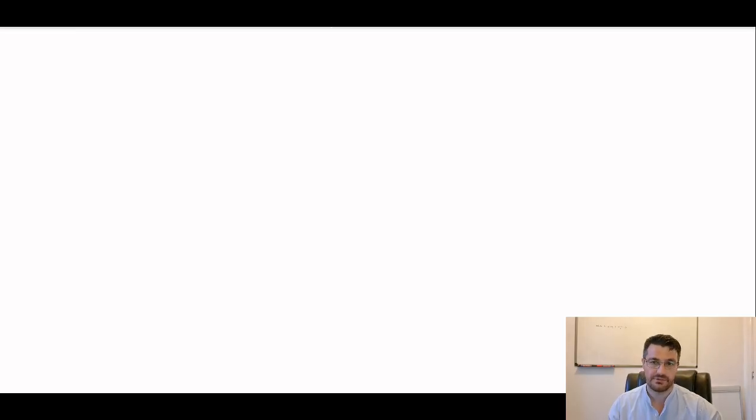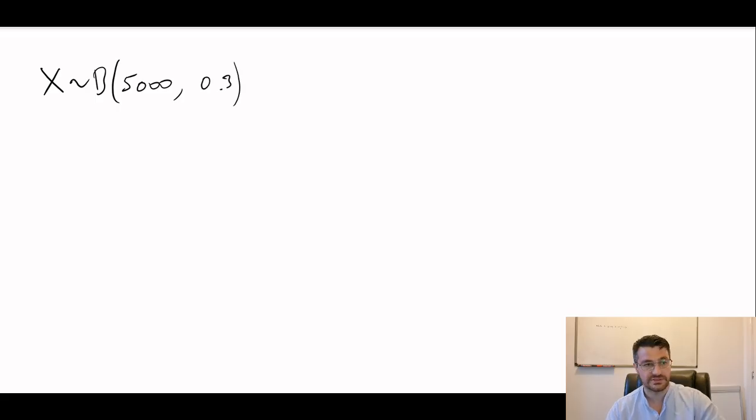But from a practical perspective, just to give an example, let's say we've got a random variable X which has a binomial distribution. I'm going to come back to all this notation in a second, but maybe you're already familiar with it. Let's say the parameter n is quite a large number, maybe 5,000, and maybe 0.3 for the probability of success.